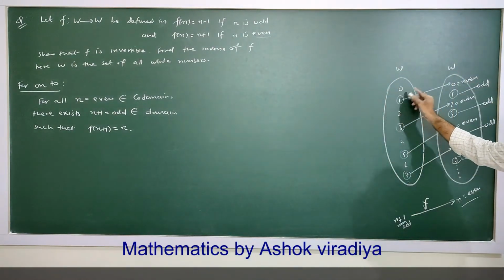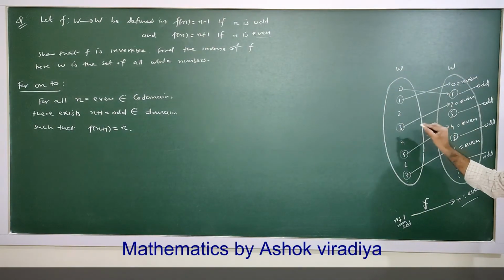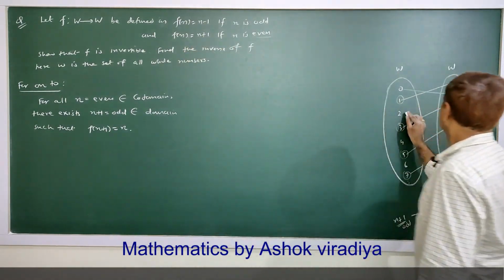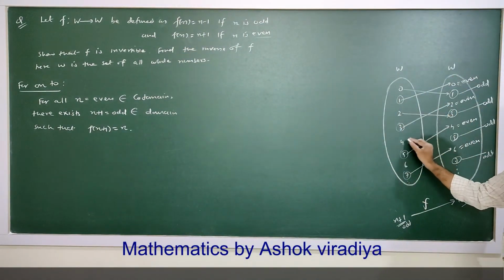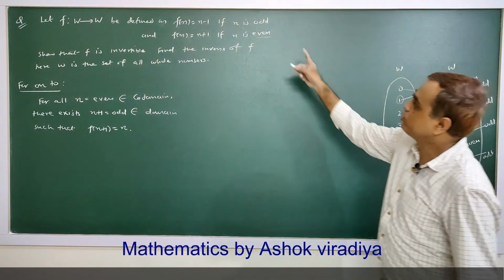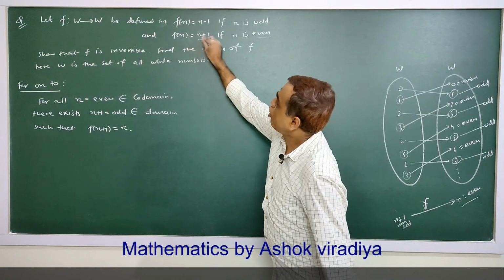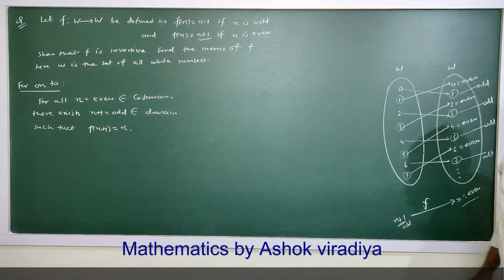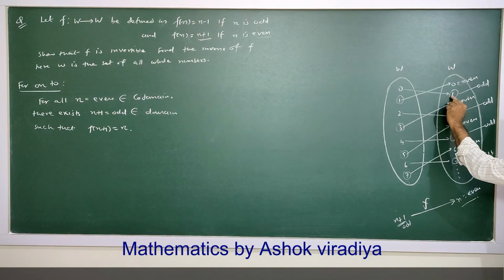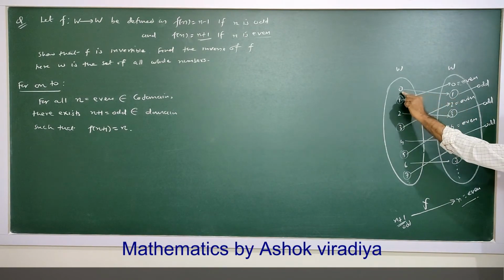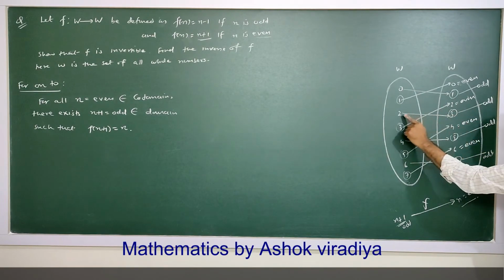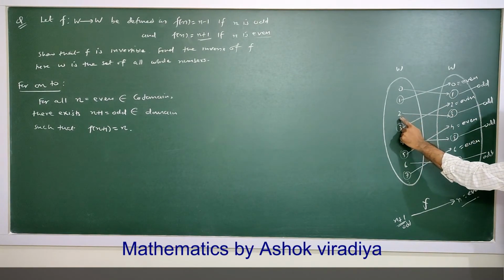Image of 0 is 1, image of 2 is 3, image of 4 is 5, image of 6 is 7. So when the input is even, the output is odd. That means for an odd output there exists an input. Output is odd, input is even but one less.